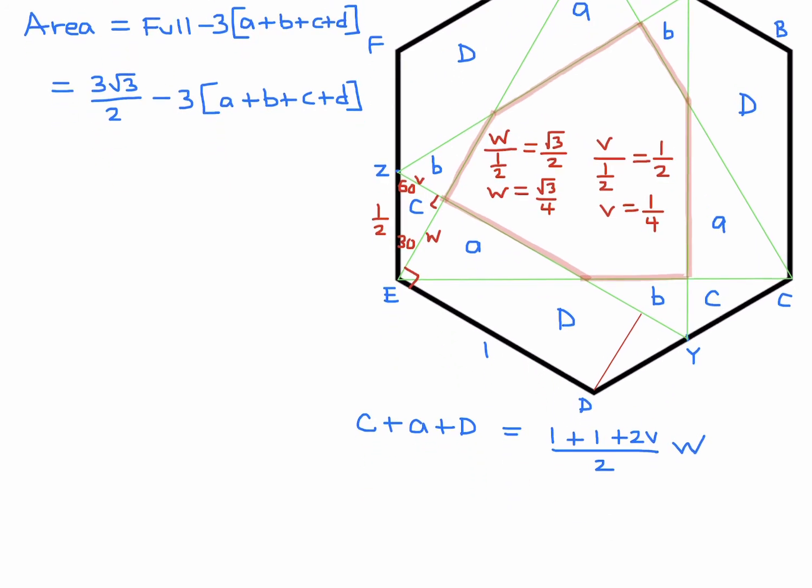And using our formula and our values, we have 2 plus 2V, which is 2 plus a half, over 2, and then W is root 3 over 4. So this looks like 5 over 2 times a half times root 3 over 4, and that looks like 5 root 3 over 16.